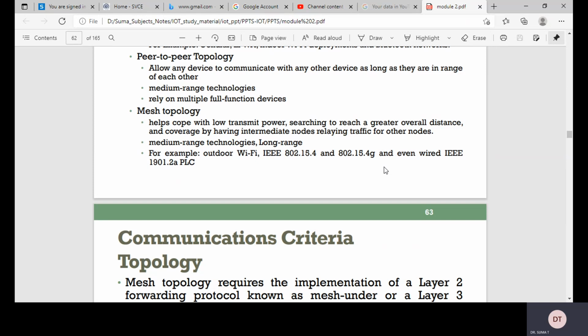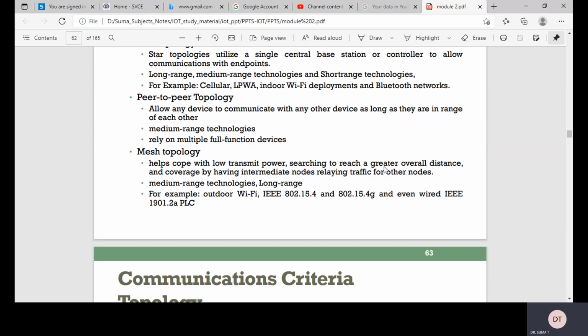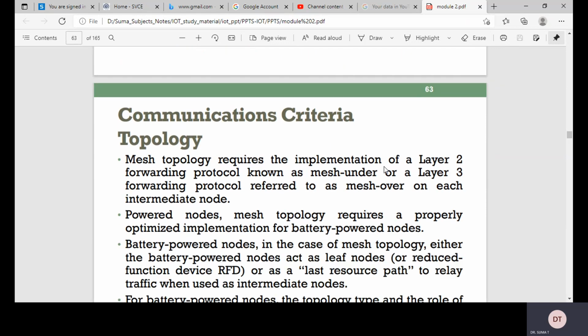So you have seen the diagram of star topology, mesh topology, and the peer-to-peer topology, right? Mesh topology requires the implementation of a layer 2 forwarding protocol known as mesh-under, or a layer 3 forwarding protocol referred to as mesh-over, on each intermediate node.